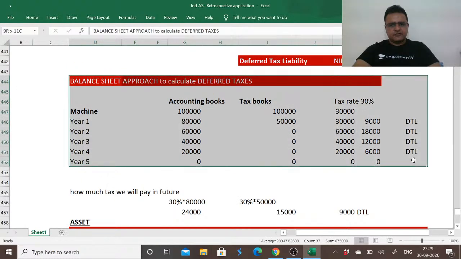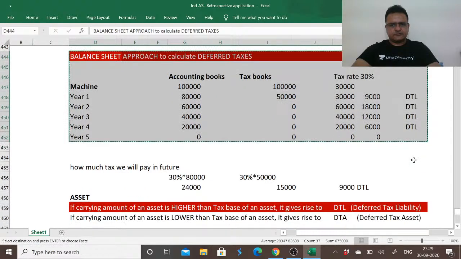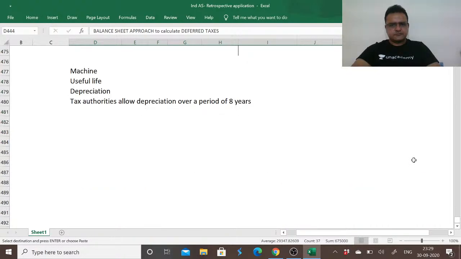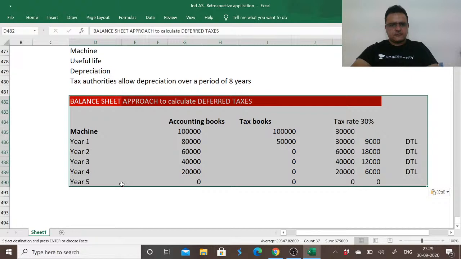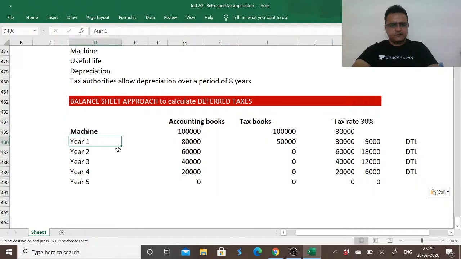The balance sheet approach, we need to calculate it over a period of 8 years now.